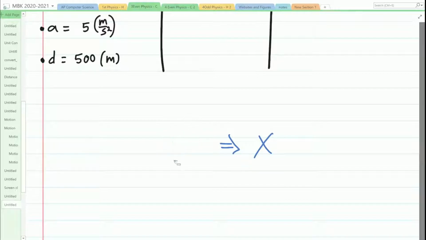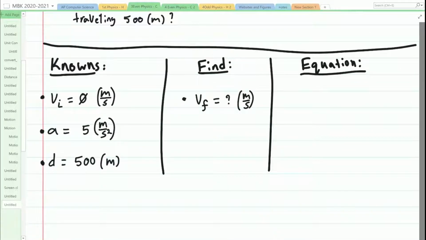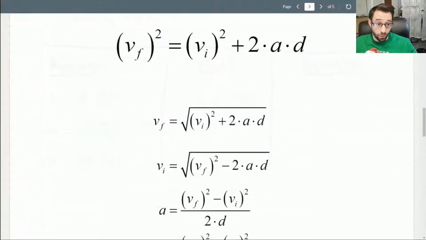But for right now, you guys don't need to worry about that because I've already done the algebra for you. So that's how I went from this equation to this one. I took the square root of both sides, so the square over here canceled, and I'm only left with v sub f on the left side. Are there any questions so far?